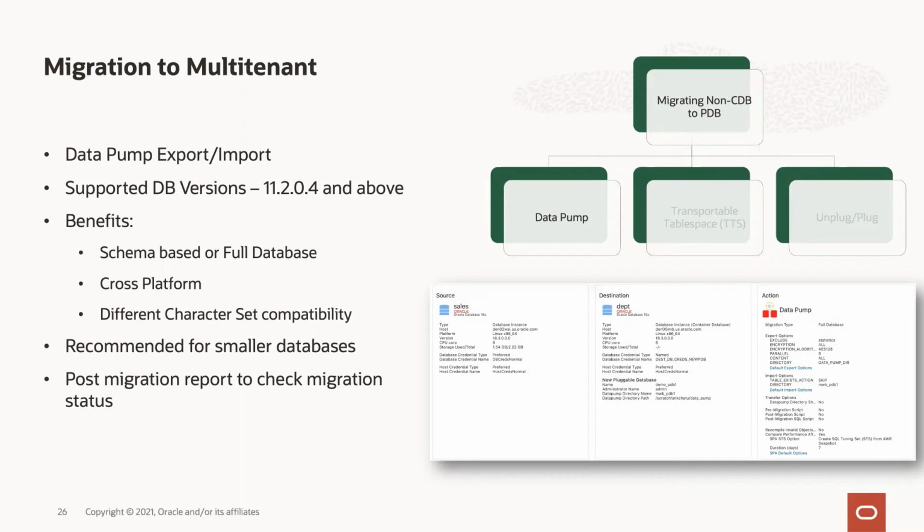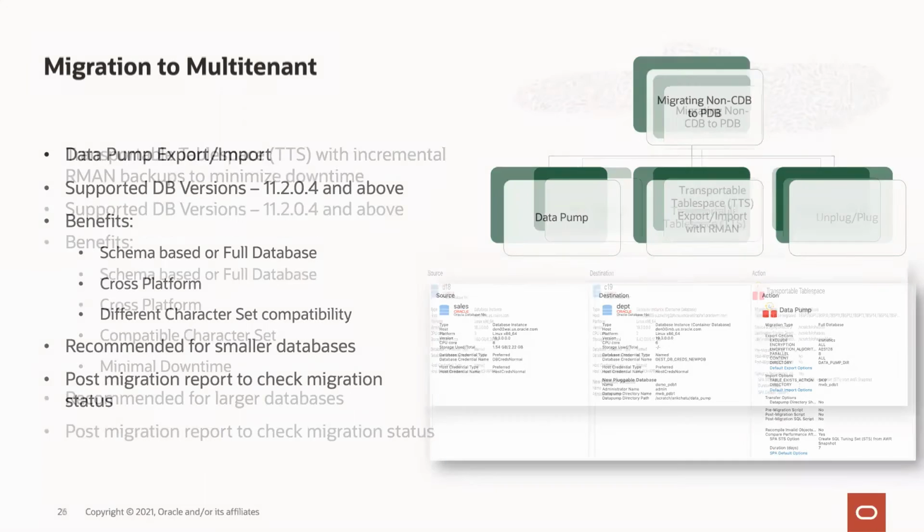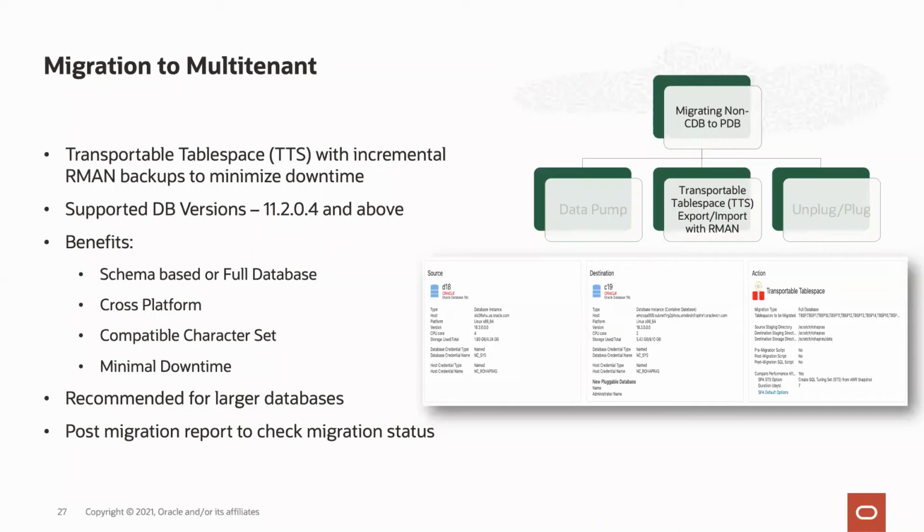Another method is to use transportable tablespace with incremental RMAN backups to minimize the downtime. This is widely used to migrate in a phased manner. Again, Workbench supports databases 11.2.0.4 onwards.